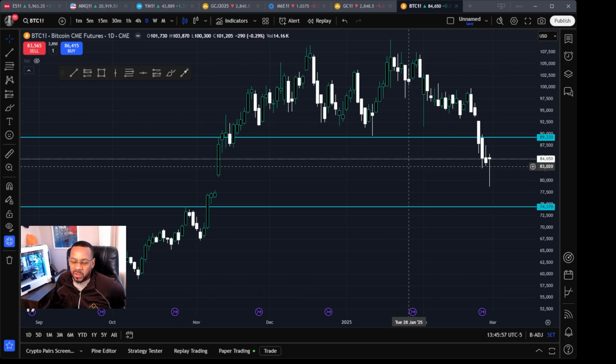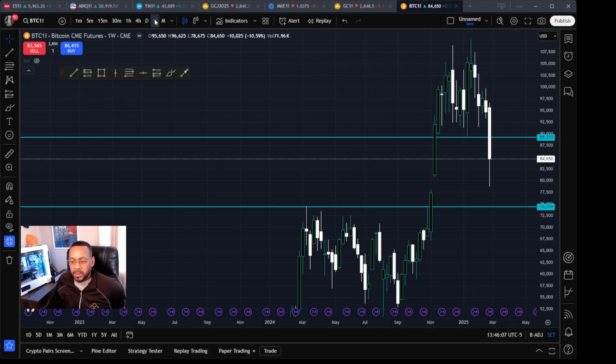It looked like a great opportunity to get a long position after it reached down here to 74,370. Again, if you have to participate, on the daily and weekly we have this imbalance to clean up before continuing down.